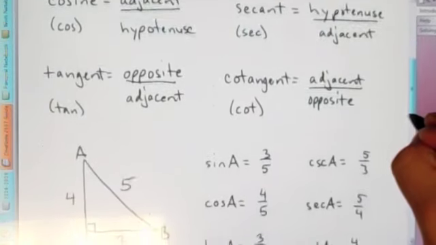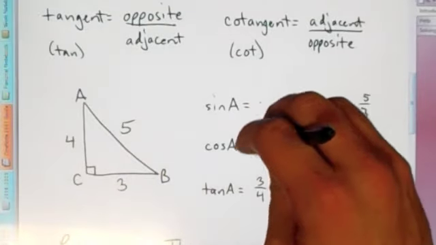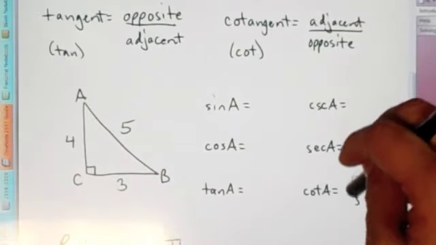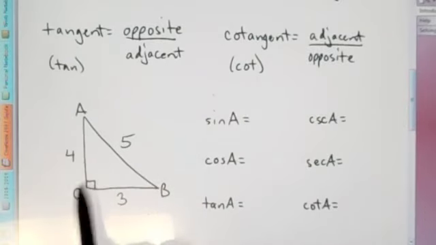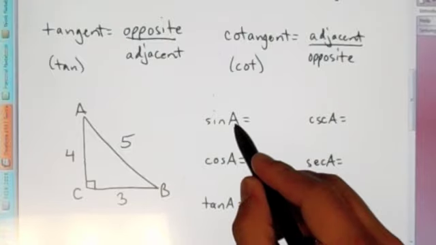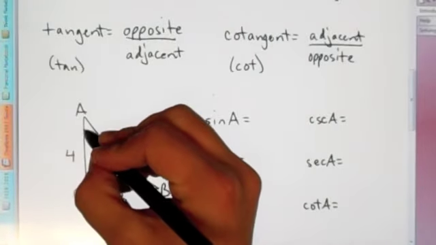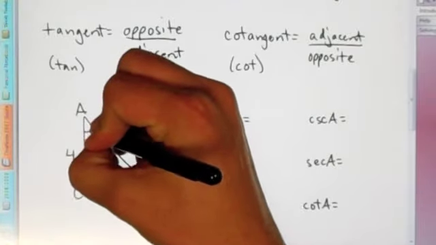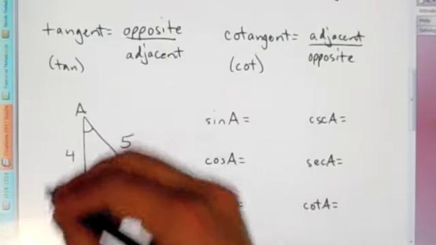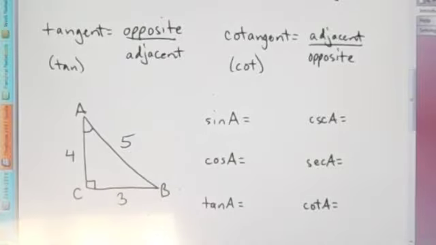Okay? Well, we have some problems here. Oops, I forgot to erase these. We need to find the 6 trig ratios of this triangle. So from angle A, we're talking about this angle right here. By the way, when you label a triangle, angles are always capital letters, sides are always lowercase letters.